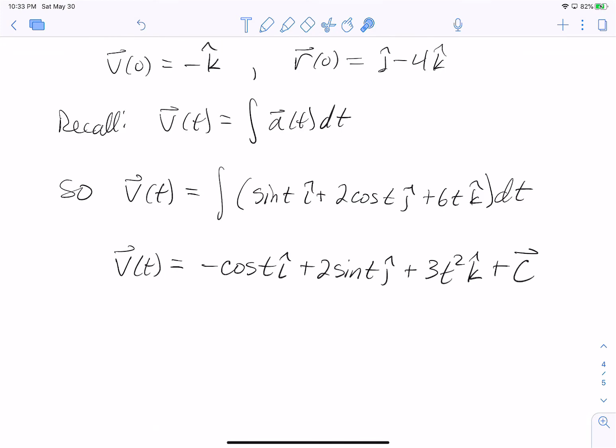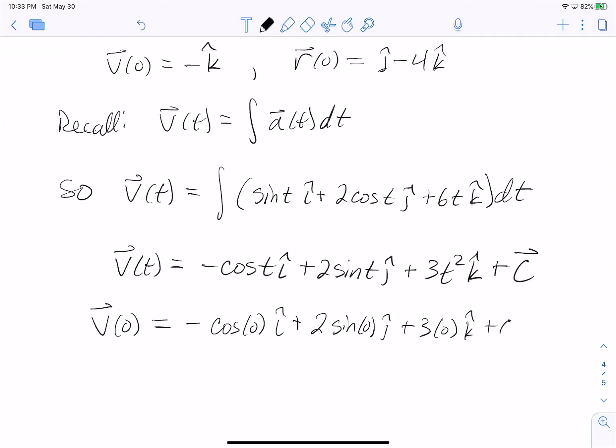Well, moving on here, I've noticed that folks often have a challenging time dealing with an initial condition if they're working with a vector function. So let's see how this goes. v(0) is what happens when we put 0 in place of t in the velocity function. So here it would be -cos(0)i + 2sin(0)j + 3(0)k + c.